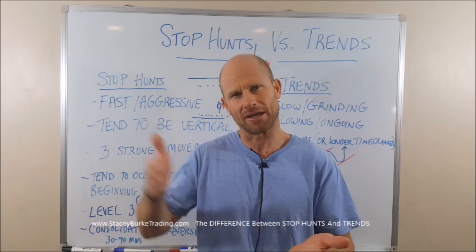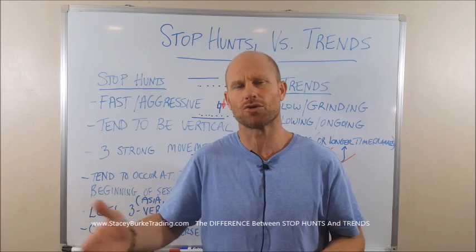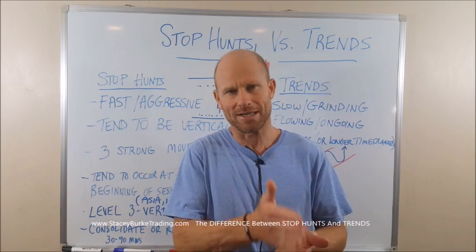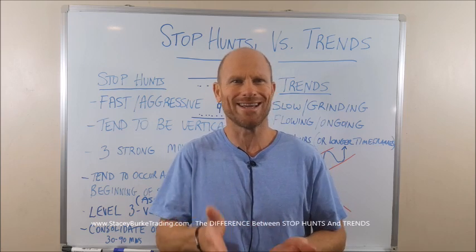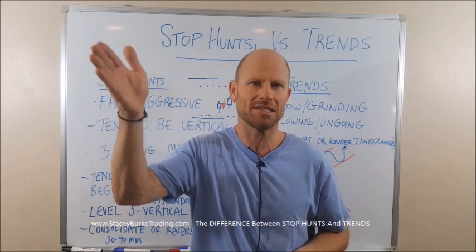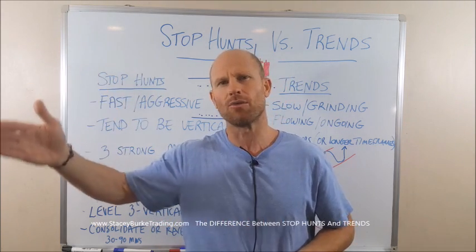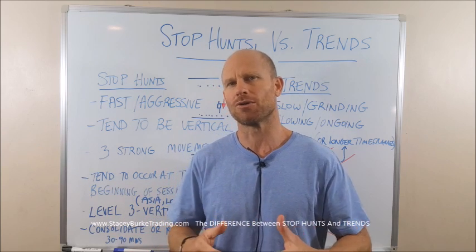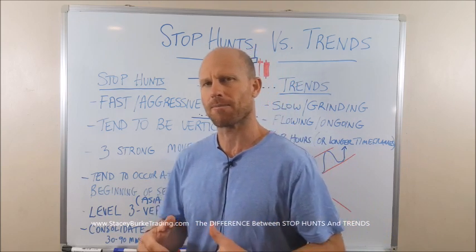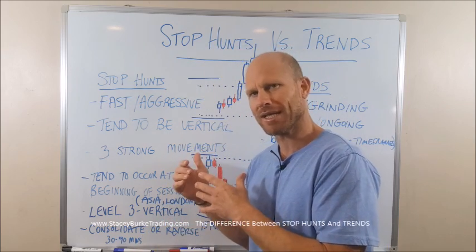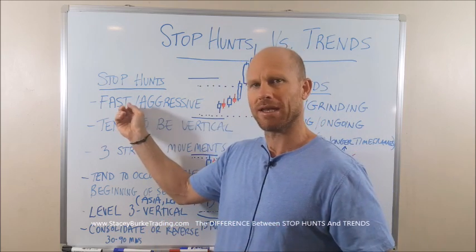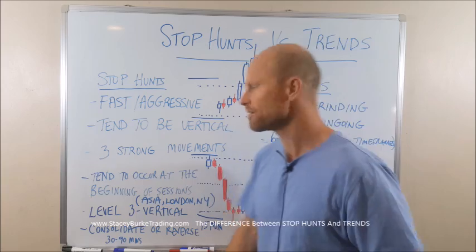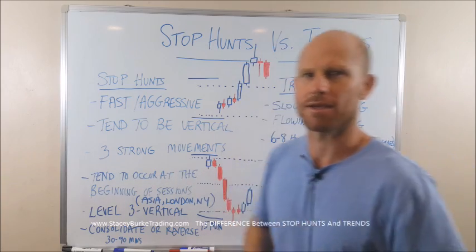I'm particularly concerned always at the end of the week, first, working backwards. I want to see if there's any structure in place that is leading us to an opportunity to be selling high towards the end of the week or buying low towards the end of the week. And also just understanding the opportunities that can present, either participating in a stop hunt or in a trend.